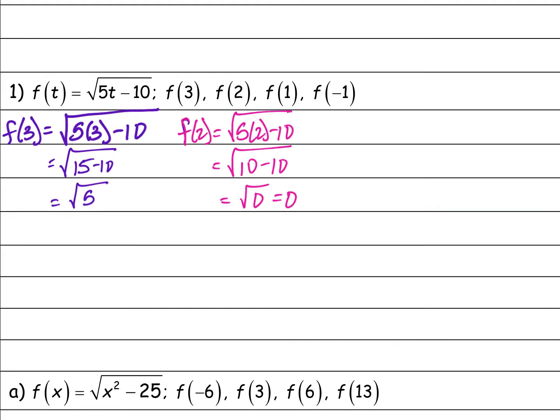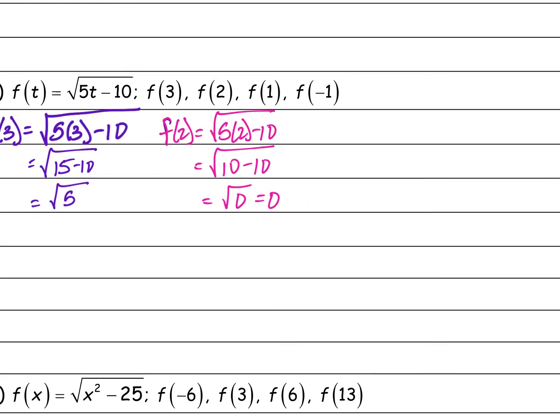And then we've got f of 1. And f of 1 equals the square root of 5 times 1 minus 10, which equals the square root of 5 minus 10, square root of negative 5, does not exist.